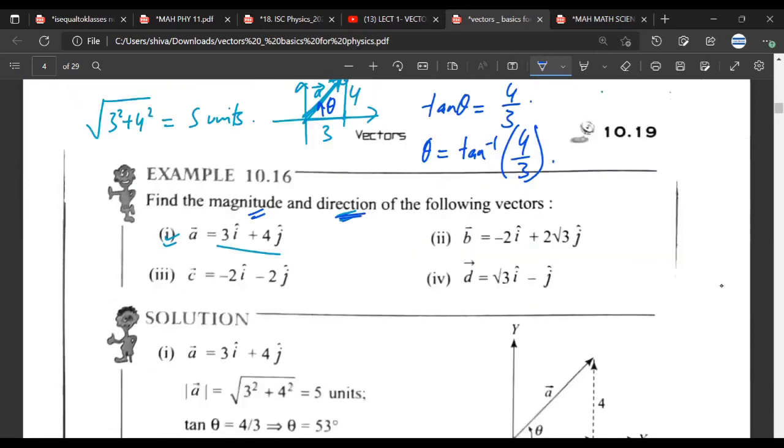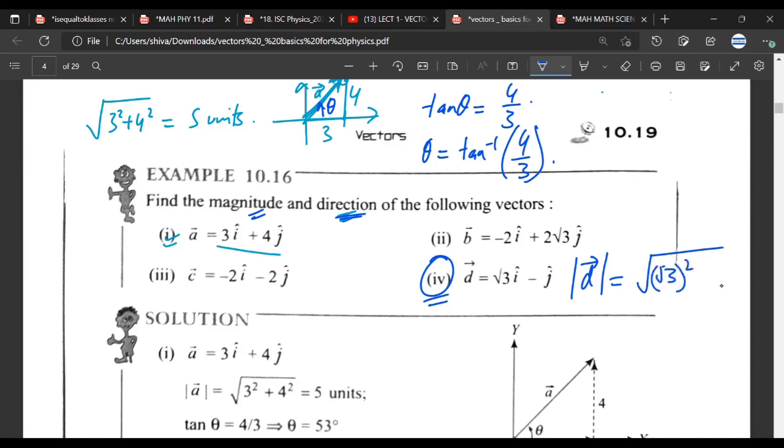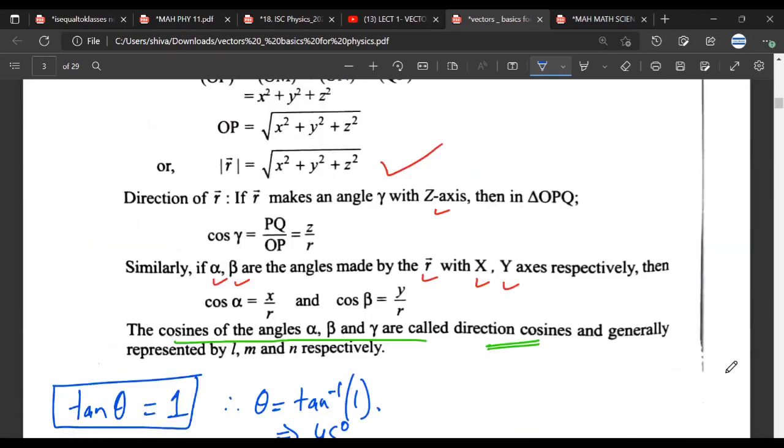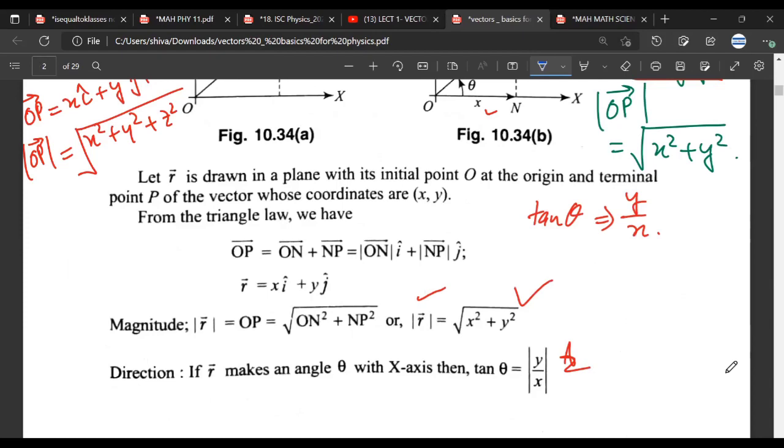So, for example, if I take this fourth one, then this is how the magnitude is written. The magnitude will be equal to root of 3 square plus 1 square. This would be 3 plus 1, this would be 2. Are we clear? Yes. But if I want the tan theta, remember, if we refer to the formula, tan theta is y by x.